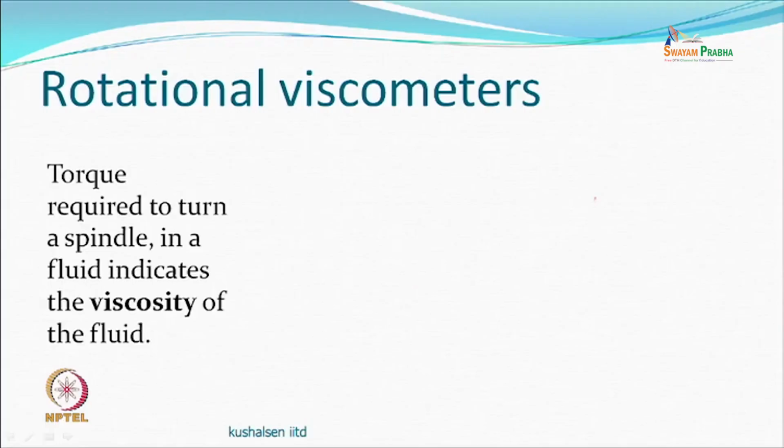One can think of using what people consider rotational viscometers. The torque and finally the energy required to rotate a spindle in the viscous material can be used to determine viscosity.